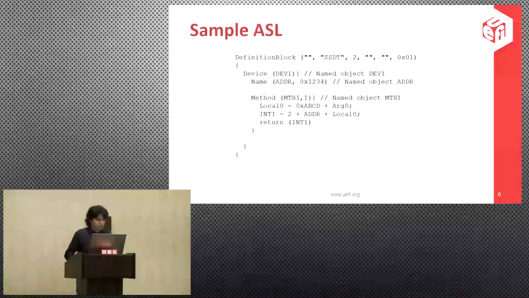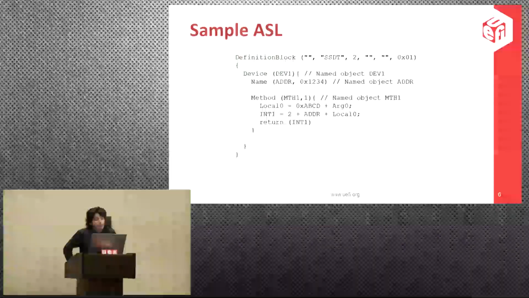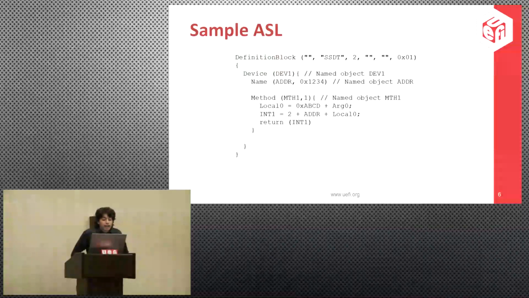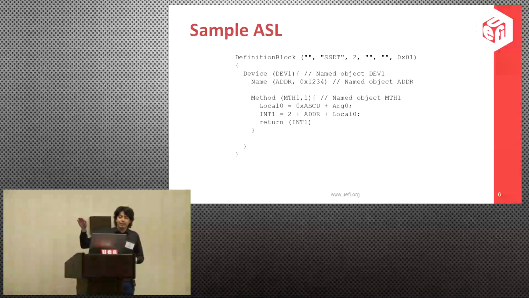So here is a brief sample of ACPI source language. This defines a language construct called the definition block, and inside there are many kinds of named objects.